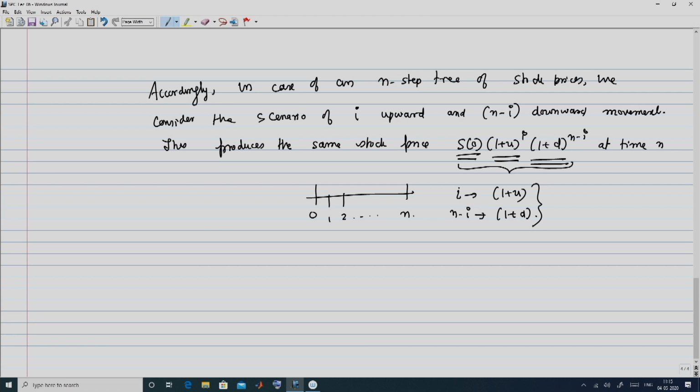So, accordingly, now there are n choose I such scenarios. So, this means that in the n time intervals between 0 to n, you can have I number of ups in many different ways.